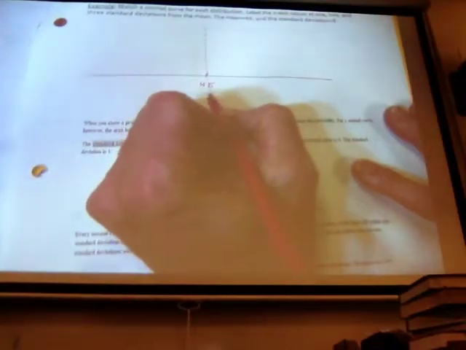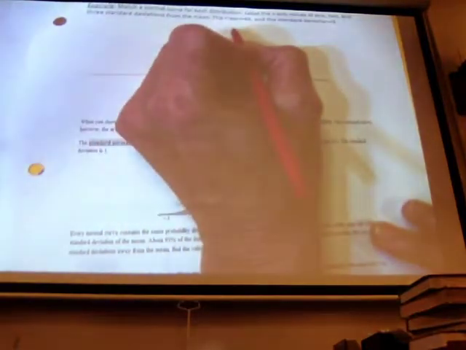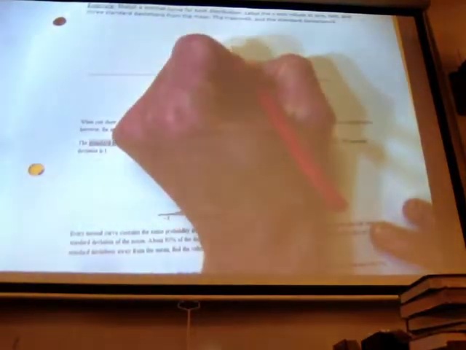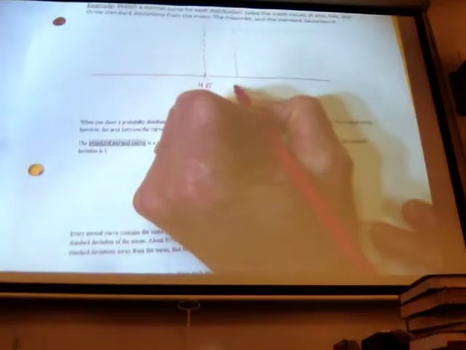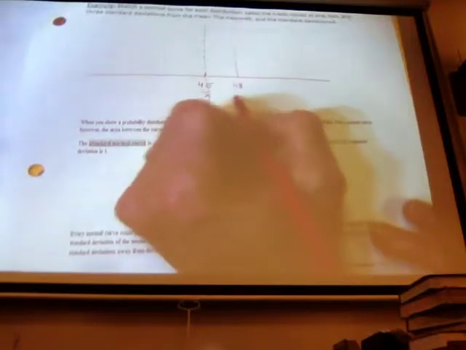This is the x. So at 1 standard deviation, at a plus 1, what would the number be here? 48, because I add 3 to it. And this is at your plus 1.